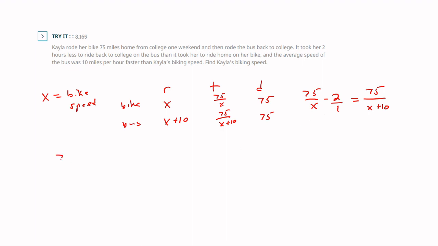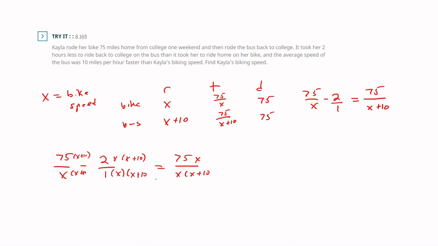Where am I going to do this? This one is going to need the x plus 10 on the top and the bottom. This one's going to need an x and an x plus 10. And this one is just going to need the x.